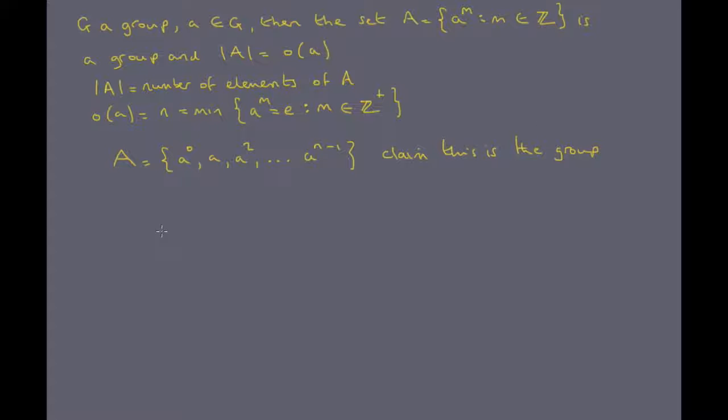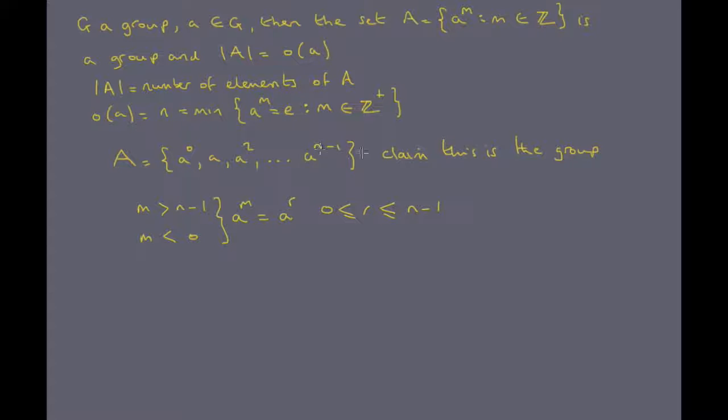So for this to be the case, it has to be true that for an integer m, which is either greater than n minus 1 or less than 0, it must be true that a to the m equals a to some r, where r is greater than or equal to 0 and less than n, which is to say less than or equal to n minus 1.